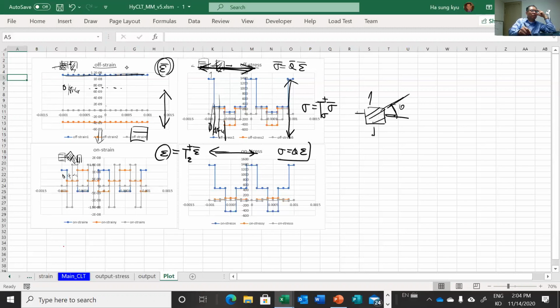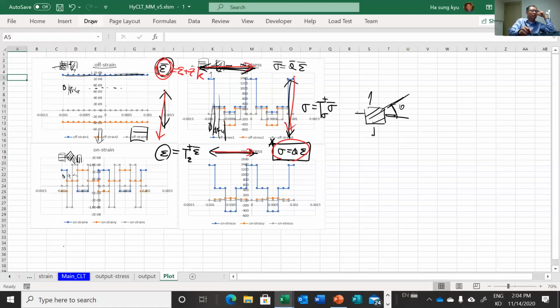So to reach this quantity, this is the value we get, epsilon 0 and Z and curvature. Once we have this, we can come to here and there to reach this one. Or we can have this and that.